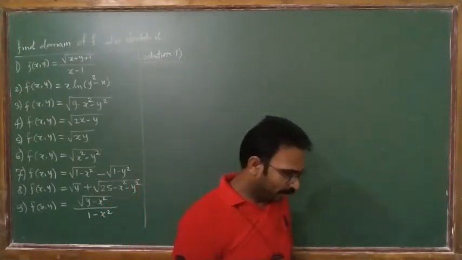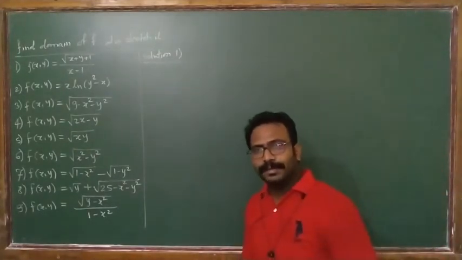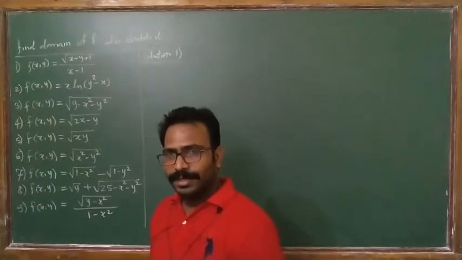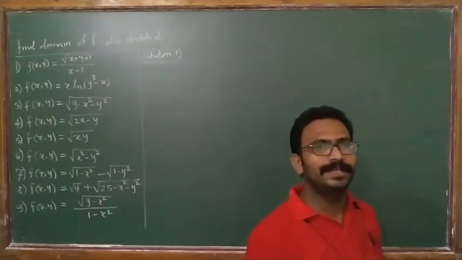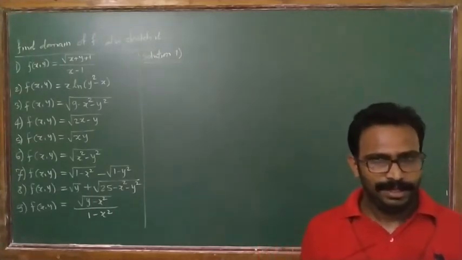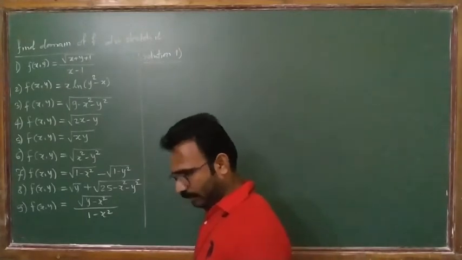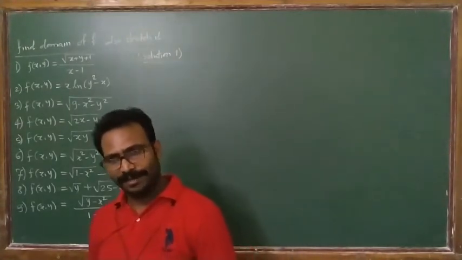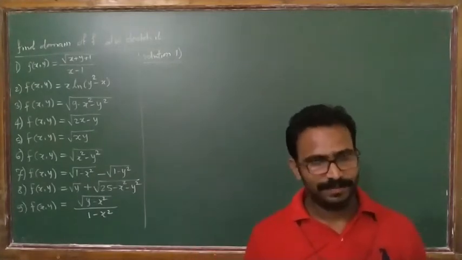In the numerator, the quantity is square root of something. So if the quantity inside the square root is negative, we cannot find the square root, right? Even if the quantity inside the square root is 0, we can find the value. If the quantity is positive inside the square root, we can find the value.